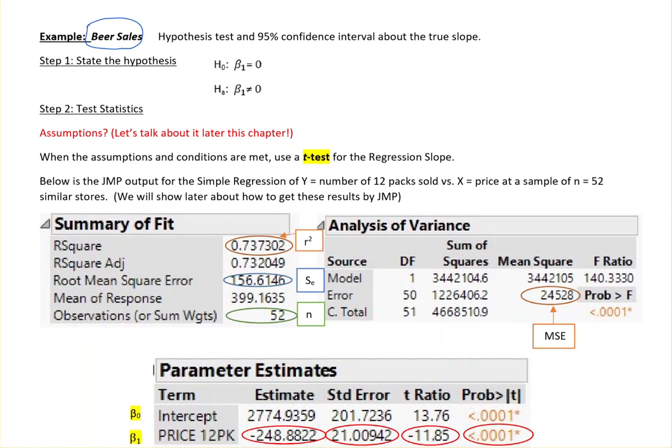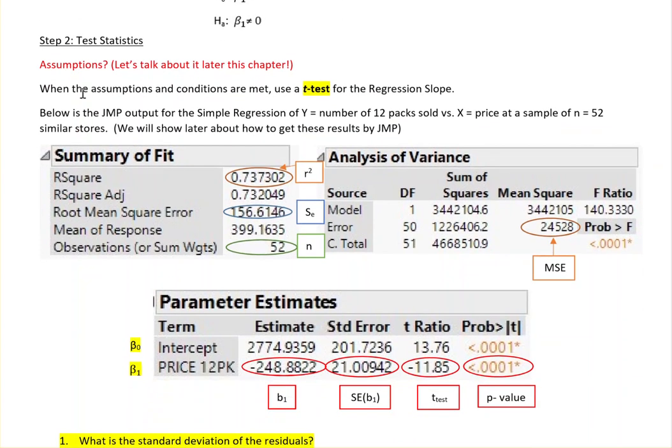Alright, so we want to do the hypothesis test. So we have beta 1 equals 0, we have beta 1 not equals to 0. Alright, and then for the test statistics, for now we just skip this step because it is more complex than what we did before.